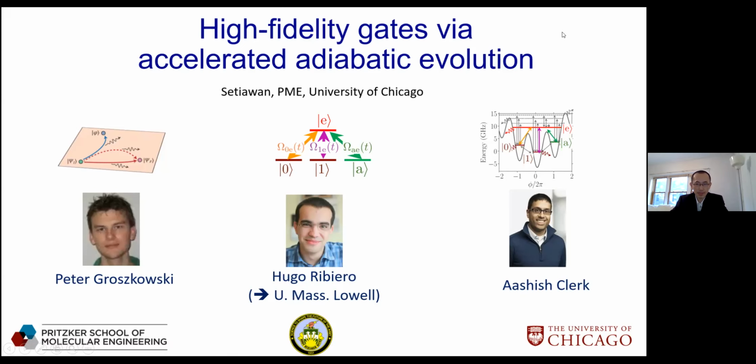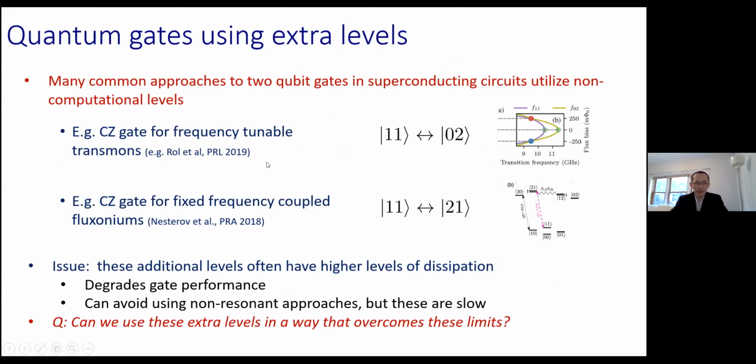So let me begin with some very general motivations. We all know that superconducting circuits are not two-level systems. They have many levels, and there are also many non-computational levels. These non-computational levels actually can be used as a resource to design high-fidelity gates.